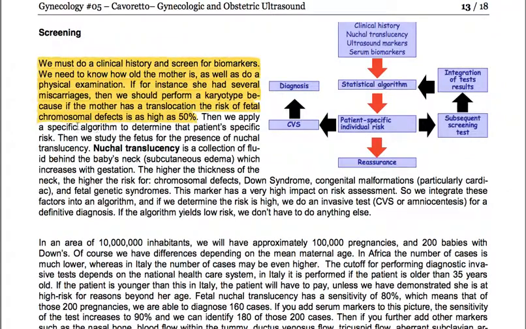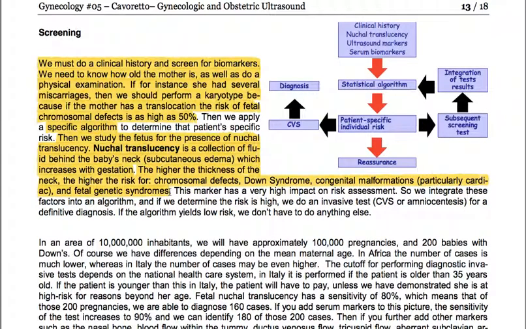Nuchal translucency is a collection of fluid behind the baby's neck, subcutaneous edema, which increases with gestation. The higher the thickness of the neck, the higher the risk for chromosomal defects, Down syndrome, congenital malformations, particularly cardiac, and fetal genetic syndromes.